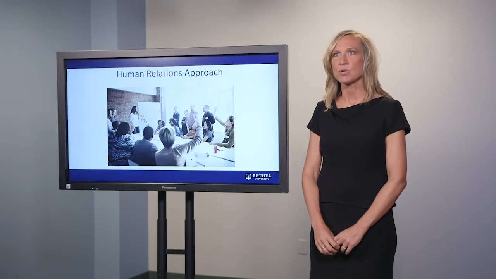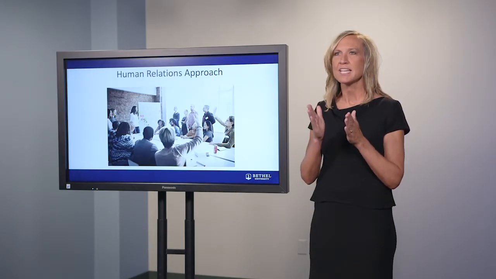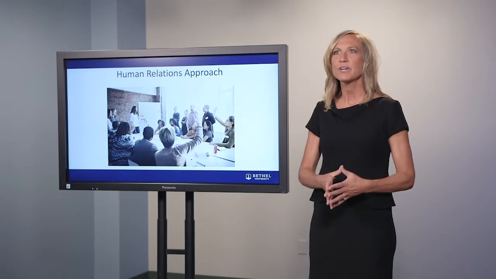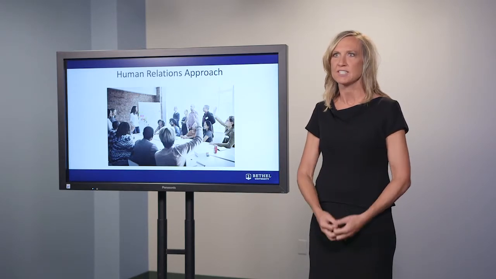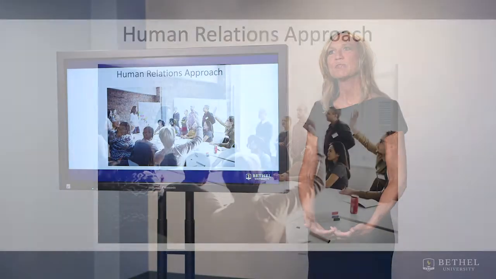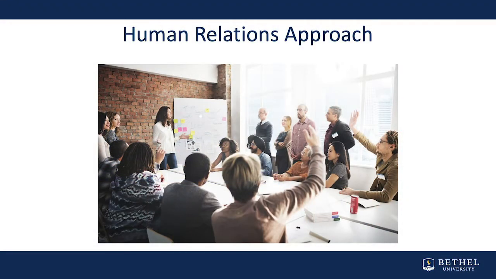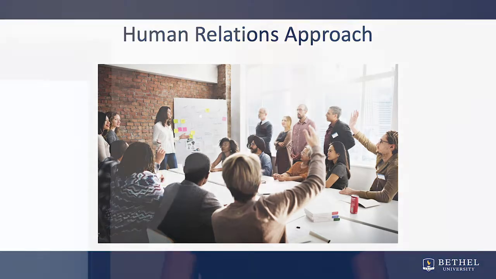Management perspectives were criticized for their narrow task focus and ignoring the social and psychological needs of workers. The human relations approach emerged from the Hawthorne studies. The Hawthorne studies manipulated workers' environmental factors, such as lighting, rest periods, length of the workday, as well as incentives to workers.